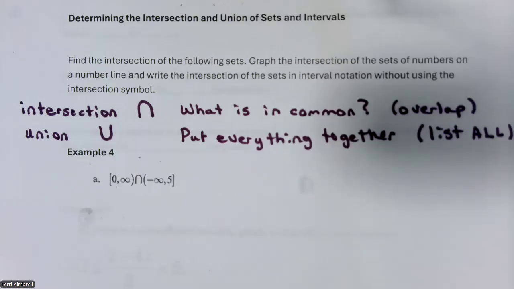You're looking for what is in common. You're looking for what they share that's the same. So basically, their overlap. The other symbol you're going to see is going to look like a U, and that is the union. That is where you're going to put everything together and list everything.